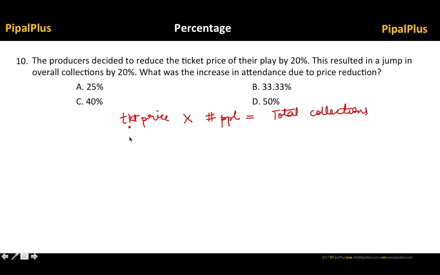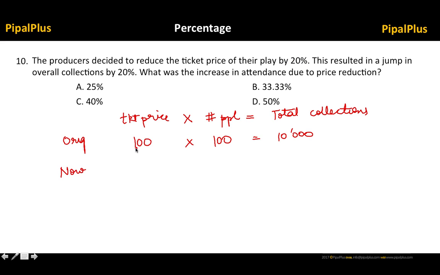So let's say I start with, again, there are no numbers, there are only percentages. If originally my ticket was priced at rupees 100 and there were only 100 people attending the show, I was collecting a total of 10,000 rupees. Now what has happened is that I've reduced the ticket price by 20%, right?